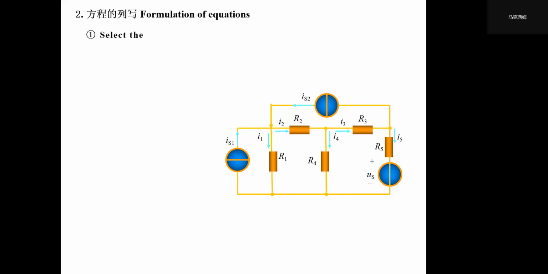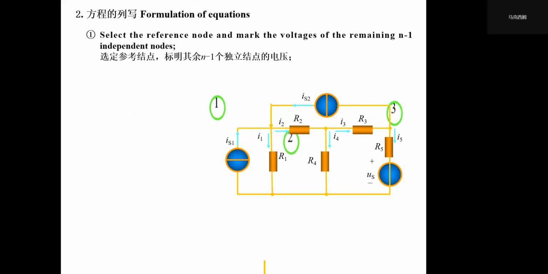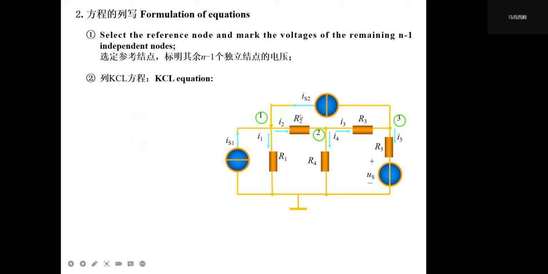So once we pick the reference node, we can list the KCL equations. For node 1, we have I1, I2 coming out, IS1, IS2 coming in.